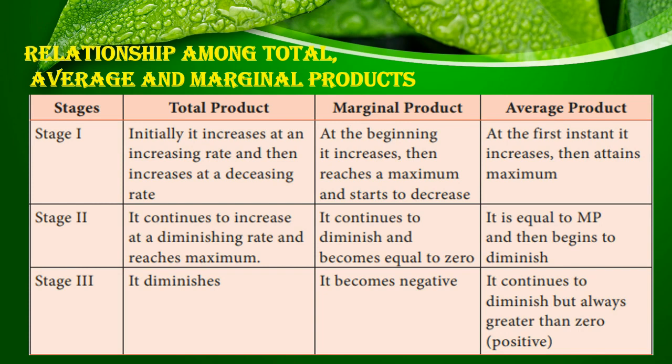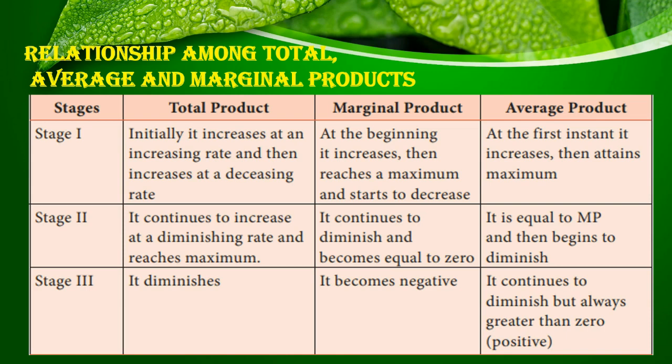Finally, let's come to the conclusion by learning the relationship among the total product, average product and the marginal product. Initially in the first stage, the total product increases at an increasing rate and then increases at a decreasing rate.